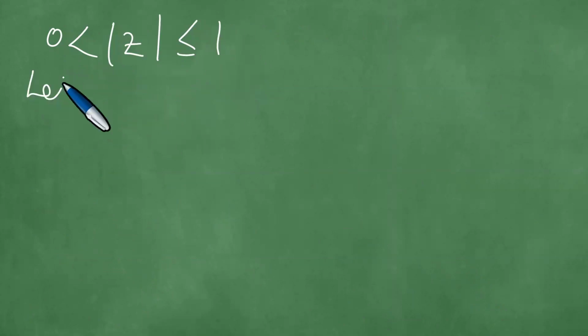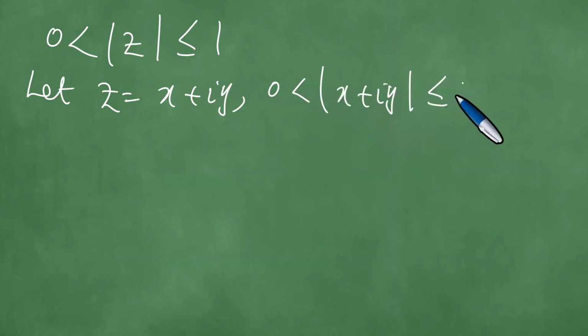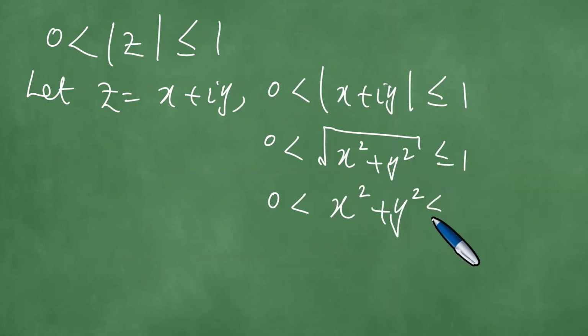If you let z be x plus iy, then this is the modulus of x plus iy. But now the modulus, by definition, is the square root of x squared plus y squared, less than or equal to 1. You square both sides, which means x squared plus y squared is less than or equal to 1.